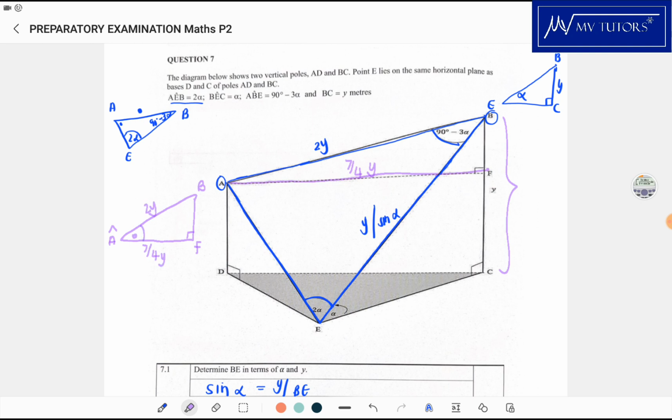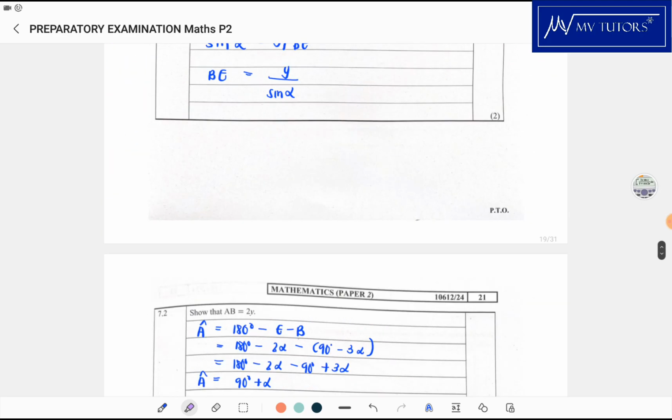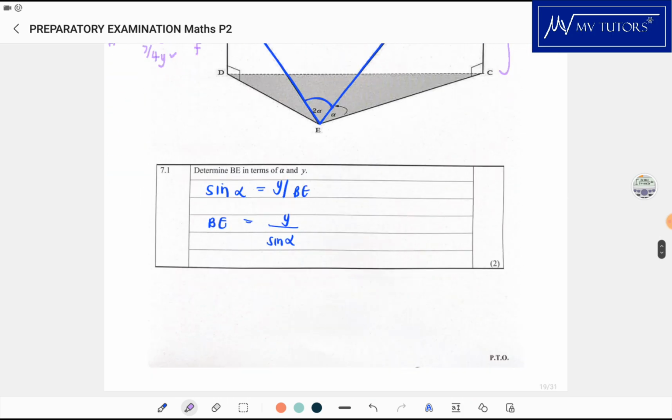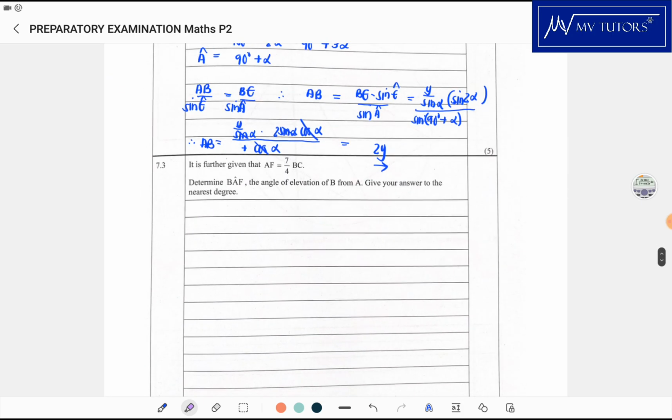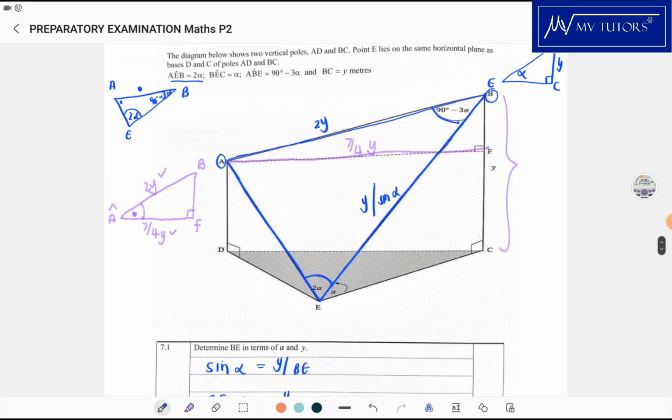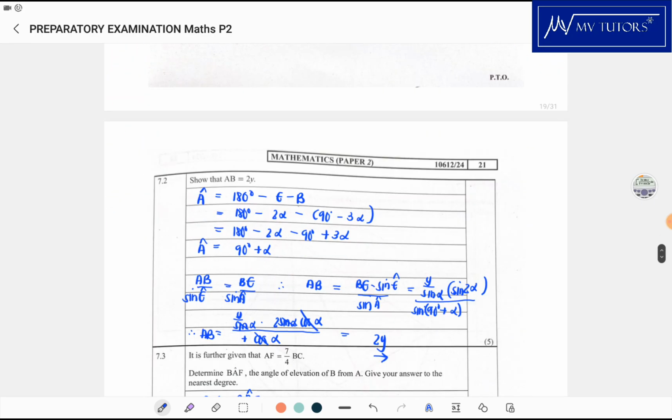So if I'm looking there, I see I have adjacent over hypotenuse. So I'm going to use cos, right? So cos BAF is AB over AF. No, AF over AB. So cos BAF is equal to AF over AB.